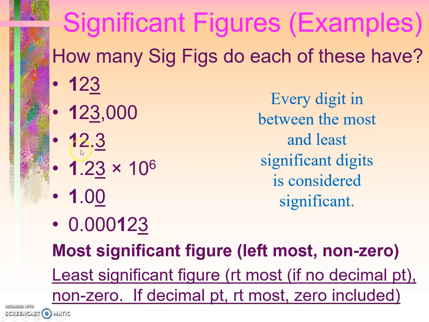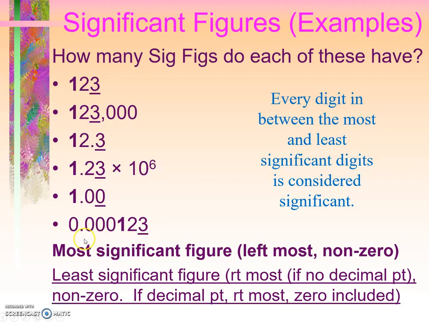So this one has 3 significant digits too. Now if I go down here, the last two, 1.00, the leftmost digit is a 1. It has a decimal point, so I'm going to go all the way to the right, even if it's a 0, and that's also significant. So 1.00 has 3 significant digits.